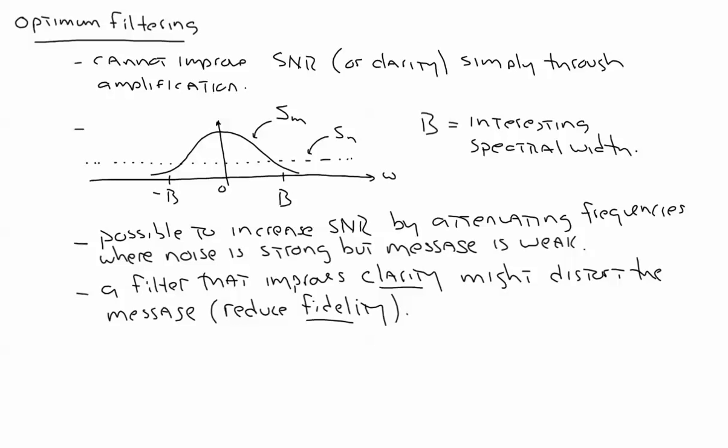Okay? So the question for us is, with knowledge of the power spectral density of my message and the power spectral density of my noise, can I design a filter in some optimum way so as to maximize clarity while minimizing loss of fidelity?